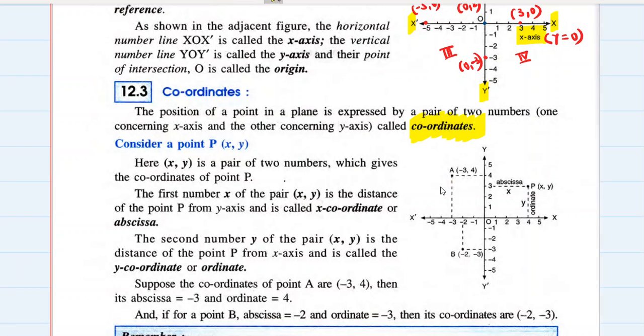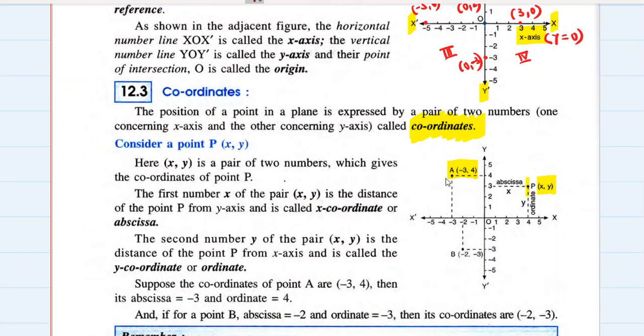So there are two coordinates associated with a point. Suppose we have point P. Point P will be located with the help of two numbers, the x and y coordinates. Point A will also be located with the help of two numbers, x and y coordinates. So what is the x coordinate and what is the y coordinate?